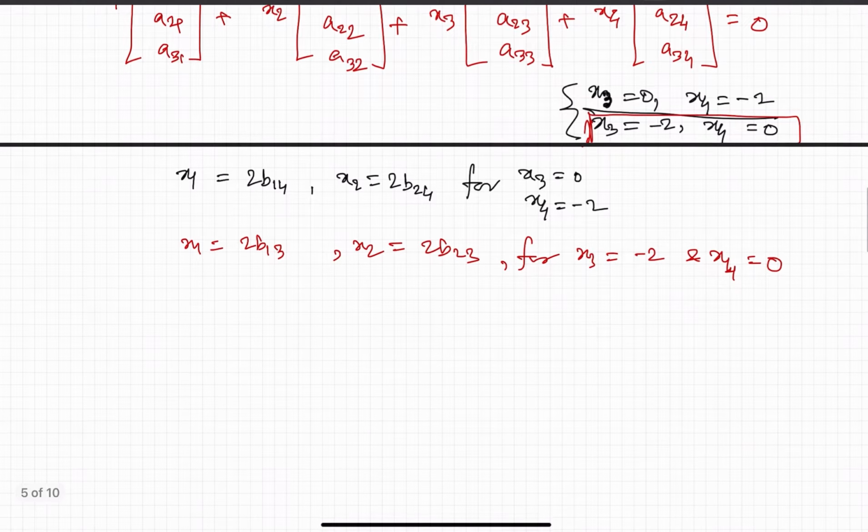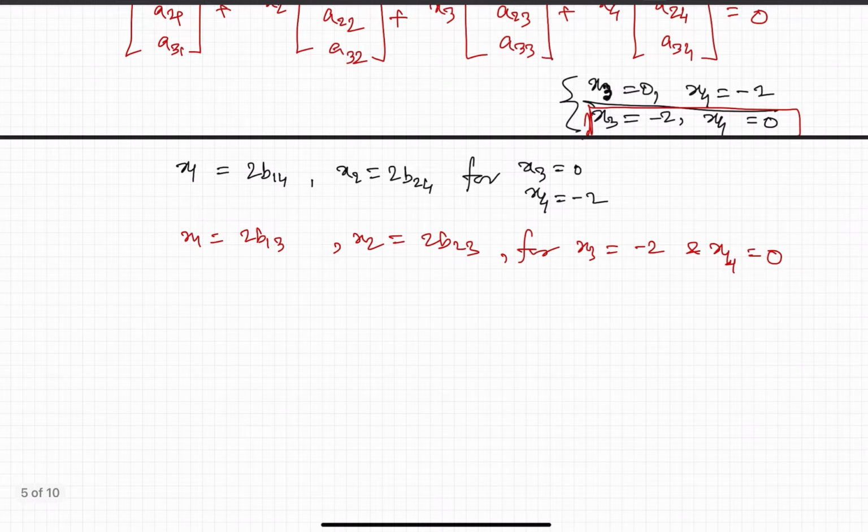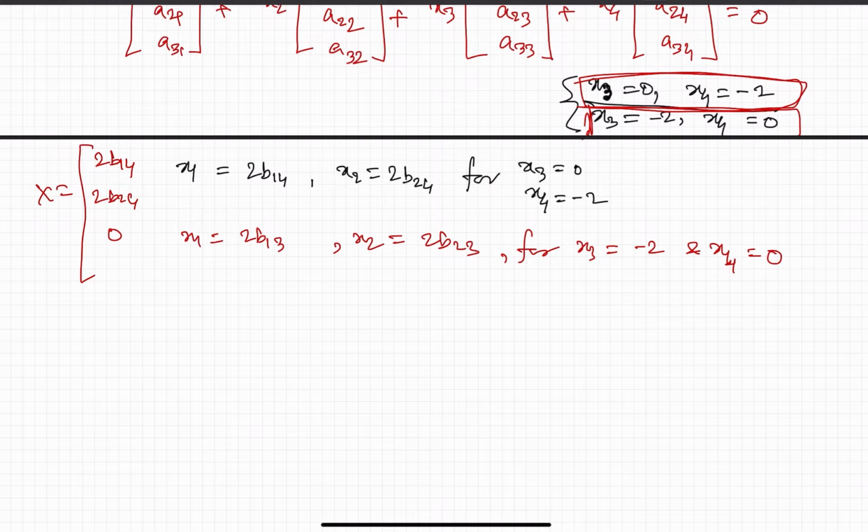So we can have infinite number of solutions. For this value of x3 and x4, we will get x equal to (2b14, 2b24, 0, minus 2).